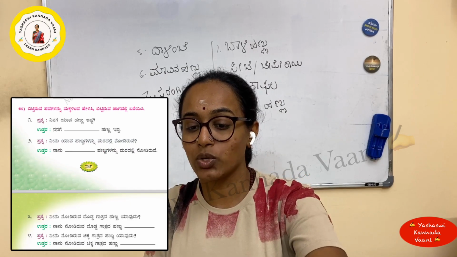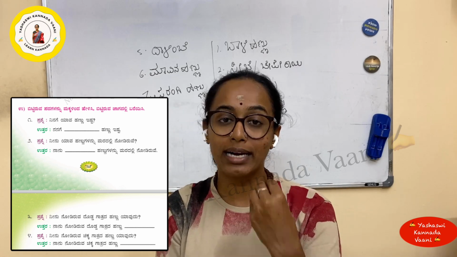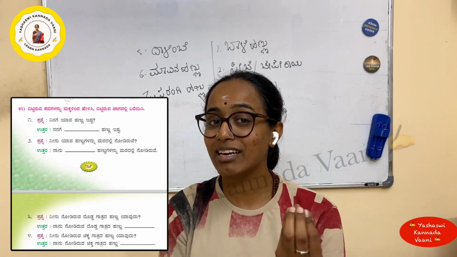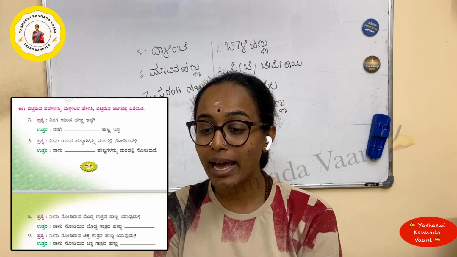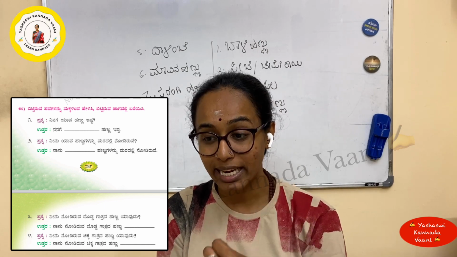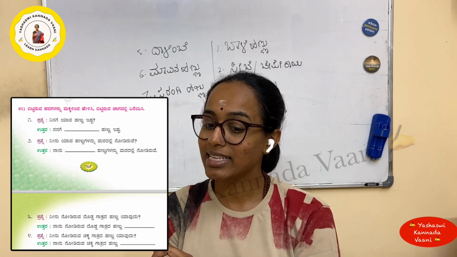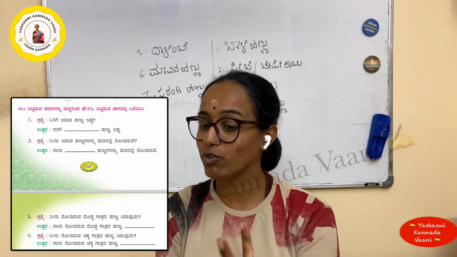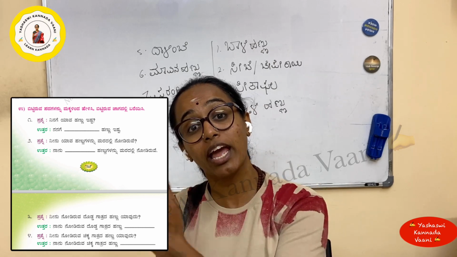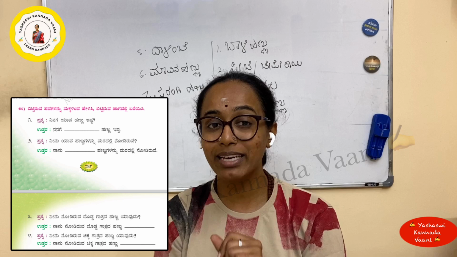Next, bittiruva padagalannu makkalinda helisi. Bittiruva pada is like fill in the blanks. Whatever is a blank, make the children say it and write it in the given blank. So here the answer will change for every person. Let me read the first one.